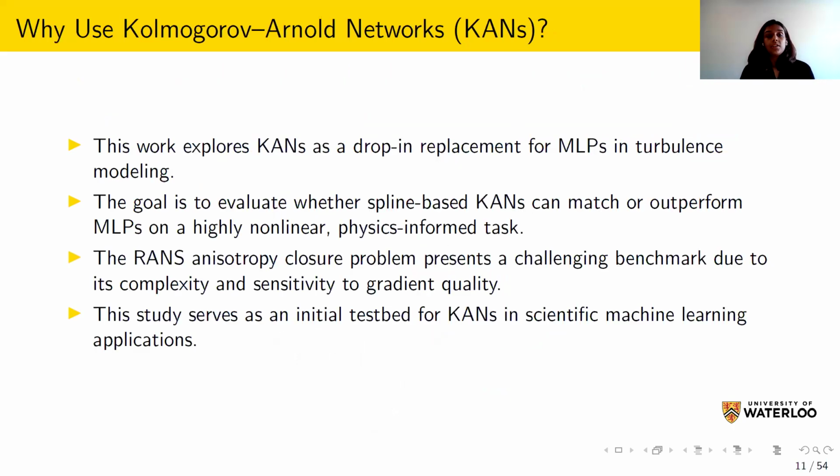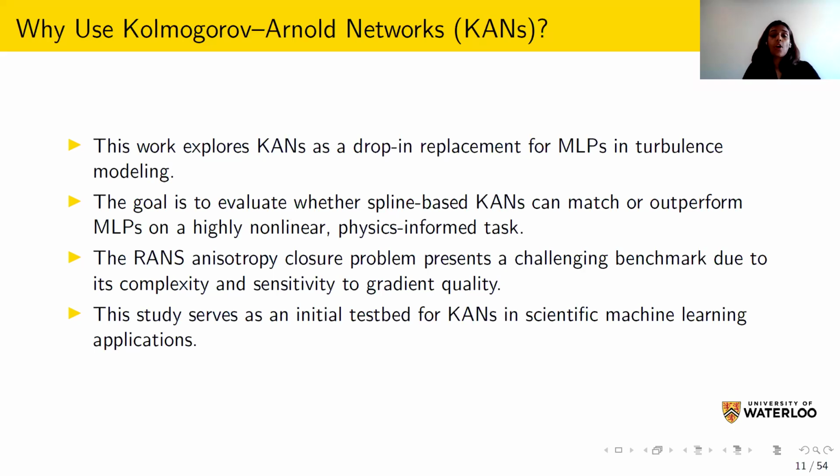So why do we want to use KANs? This work is a drop-in replacement for MLPs. While reading the original paper presented by Liu, they were only dealing with toy problems and not with super complex turbulence problems. So the goal here is to evaluate whether spline-based KANs can actually match or outperform MLPs on a highly nonlinear and physics-informed task.